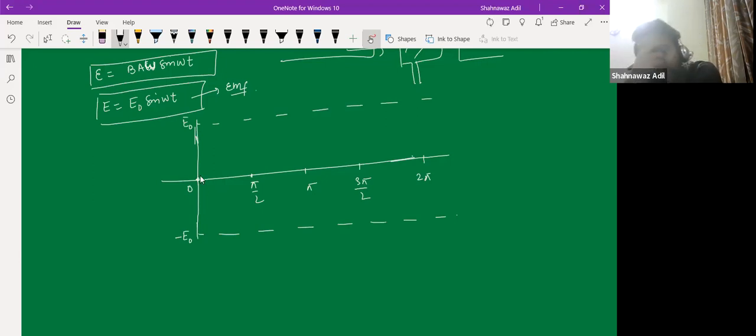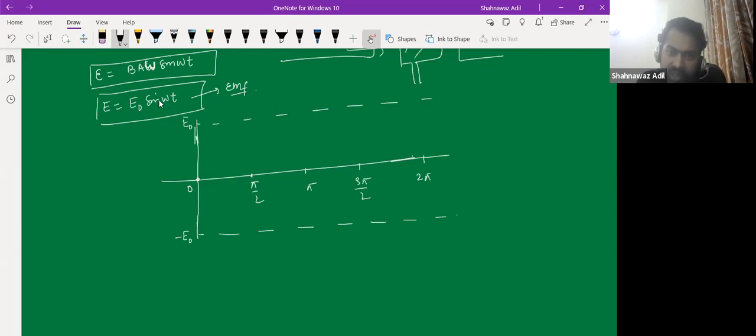And at 90 degree, sin 90 degree is what? Sin 90 is what, Tani? Sin 90 is 1, right? So at 90, sin 90 is 1, so this E becomes E naught.